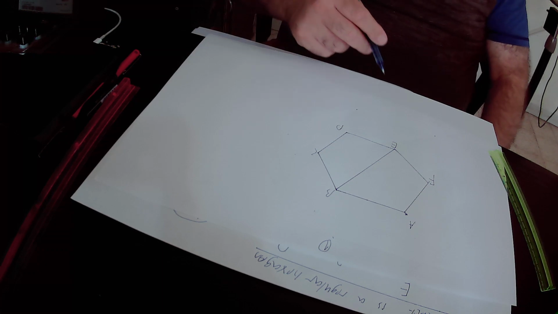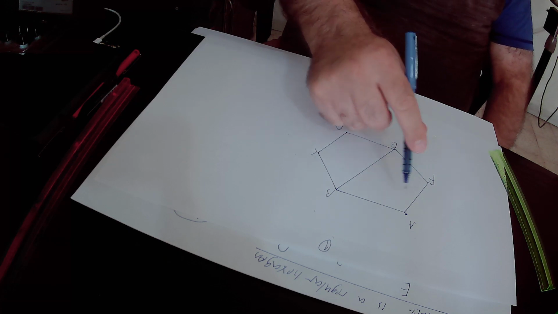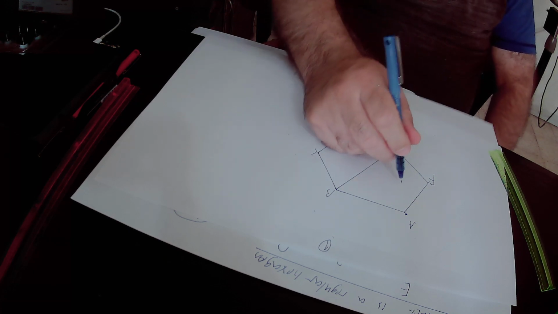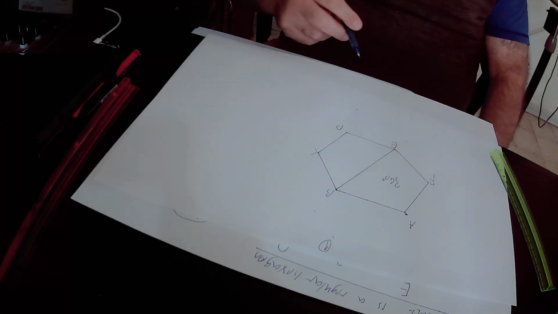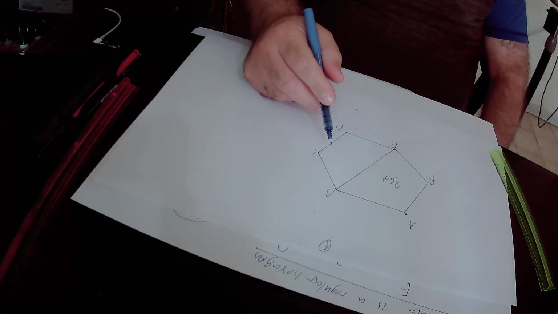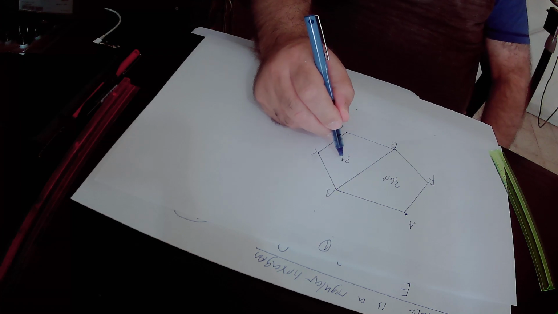So the sum of the angles in quadrilateral A, B, E, F equals 360 degrees. Likewise, the sum of the angles in quadrilateral B, C, D, E also equals 360 degrees.